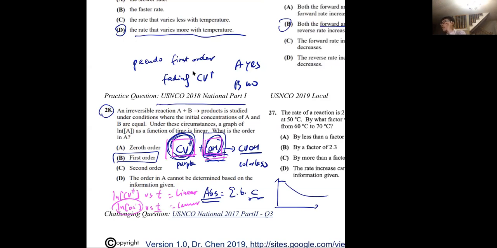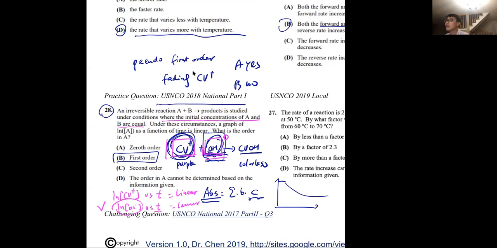So let's assume the order for hydroxide is actually 0. If the order for hydroxide is 0, you will still get this, right? When the concentrations are the same. This is exactly the situation here, because the initial concentrations of A and B are equal.